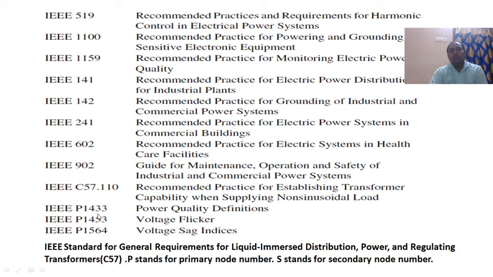IEEE P1433 gives power quality definitions. IEEE P1453 covers voltage flicker. IEEE P1564 covers voltage sag indices. IEEE C57 is the standard for general requirements for liquid immersed distribution, power and regulating transformers. P stands for primary node number, S stands for secondary node number.